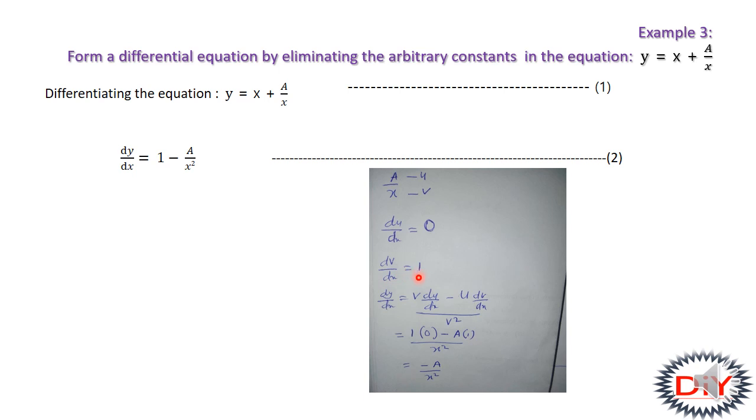Now using the quotient rule, we have dy/dx equal to v du/dx minus u dv/dx all over v squared.